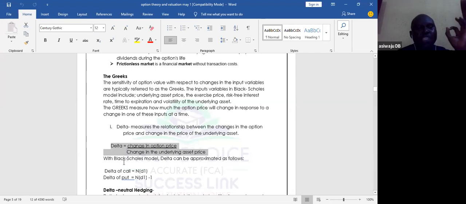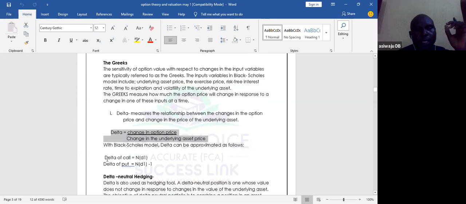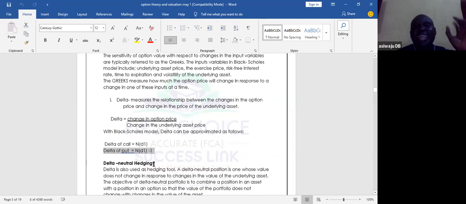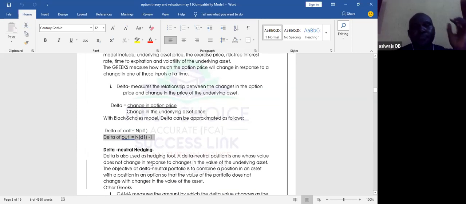Now, with respect to the Black-Scholes model, delta can be approximated as follows. The delta of a call option is N(d1). This I stated in my voice notes. The delta of a put option is N(d1) minus 1. And the delta of an asset is 1.